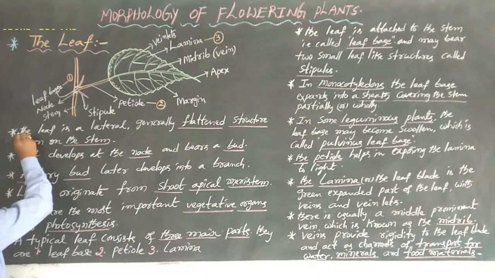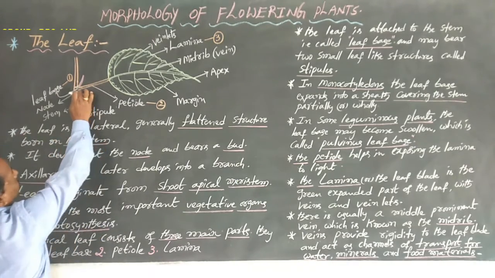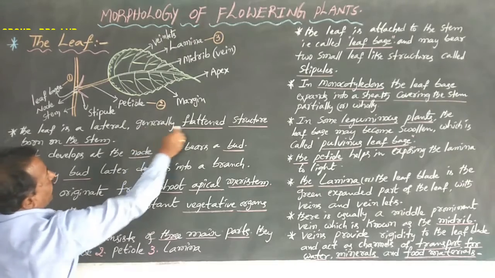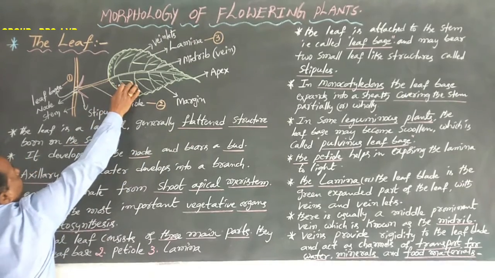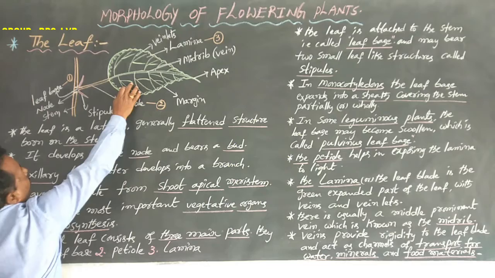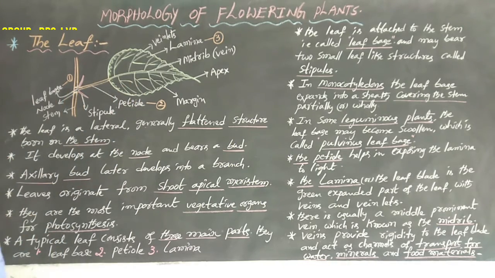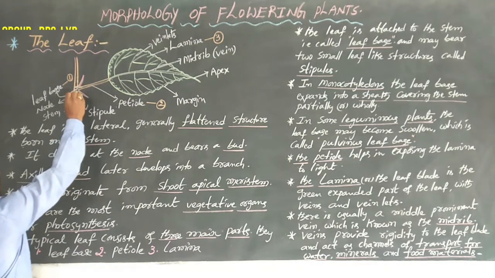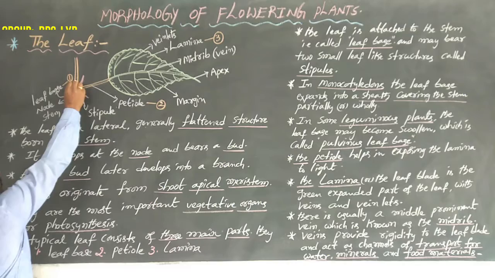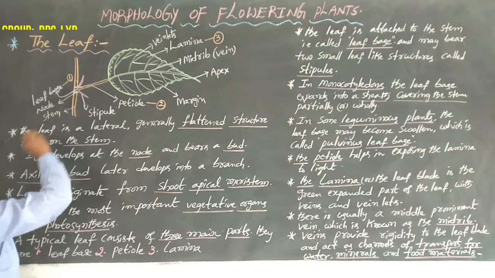Dear students, the leaf is a lateral, generally flat structure, green in color, borne on the node of the stem.